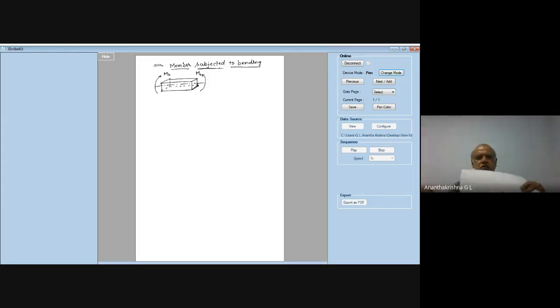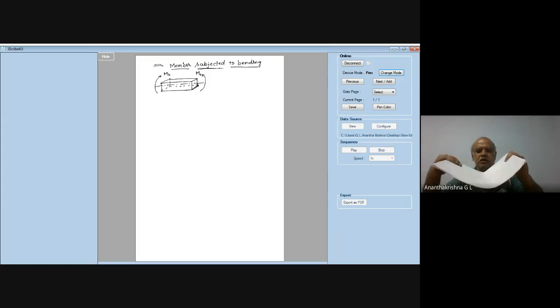Please see here. This is, for example, the rectangular member I have taken. Now I am going to apply bending moment to this member like this. The member was straight. So I apply bending moment. What will happen to the member?